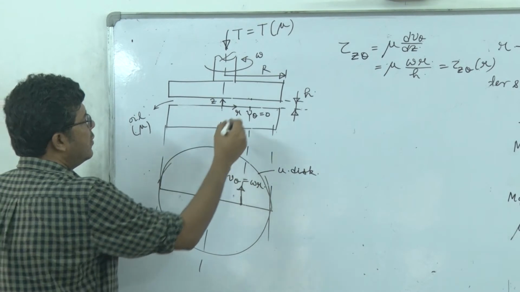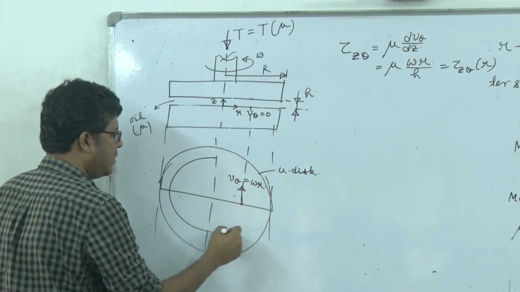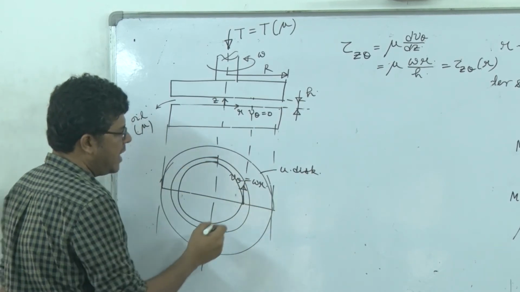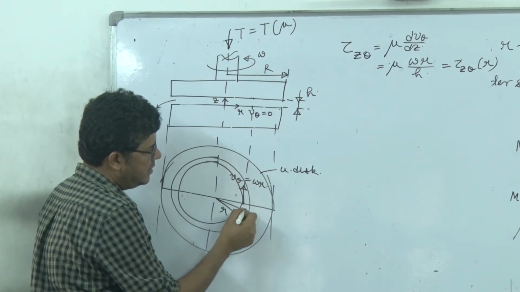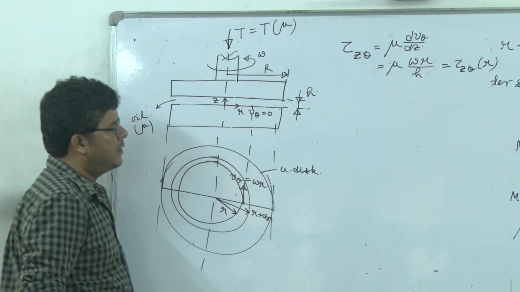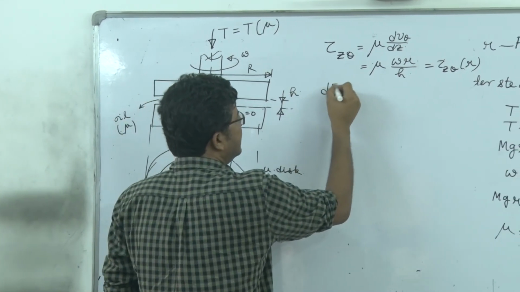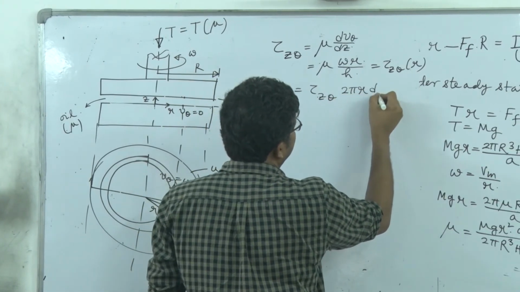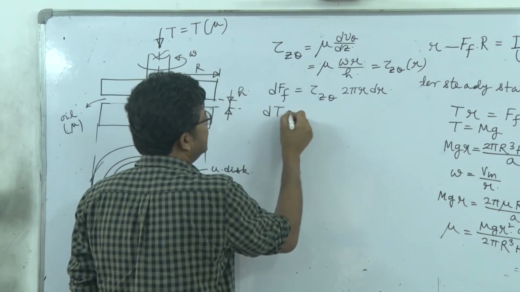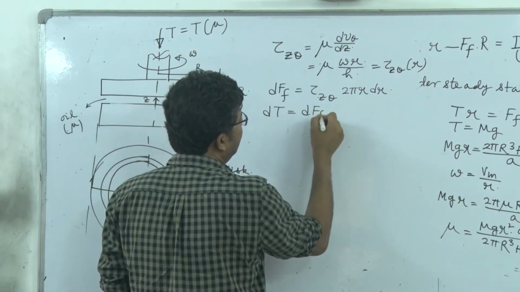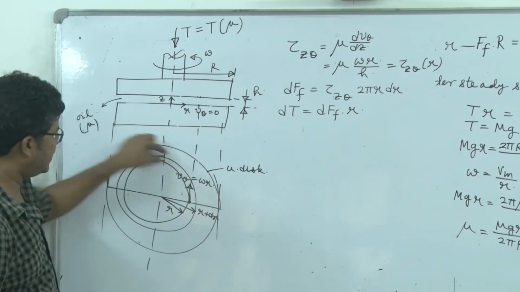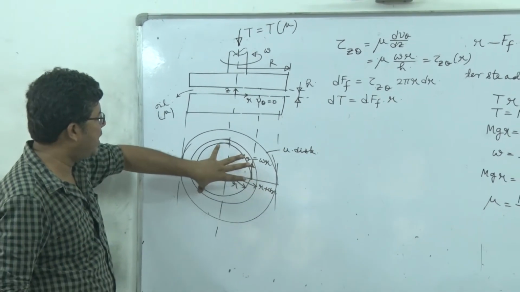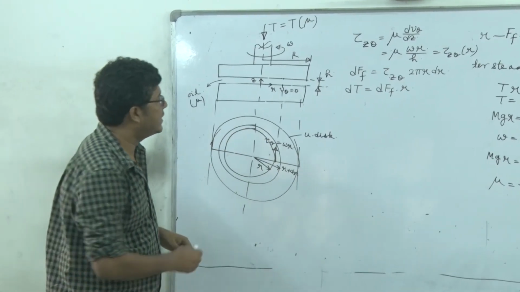So what we will do? We will consider a strip between r and r plus dr. This is r and this is r plus dr. So over the disc, the frictional force will be tau z theta into 2 pi r dr, and the differential torque will be dF into r, because over this slice, if the force is dF, the respective distance is r, so if you multiply the force by the distance, I will get the torque.